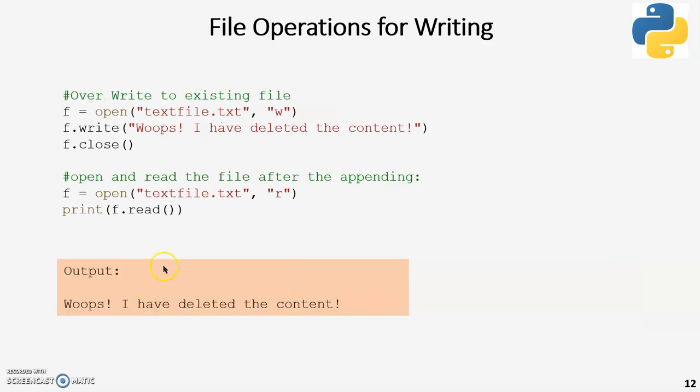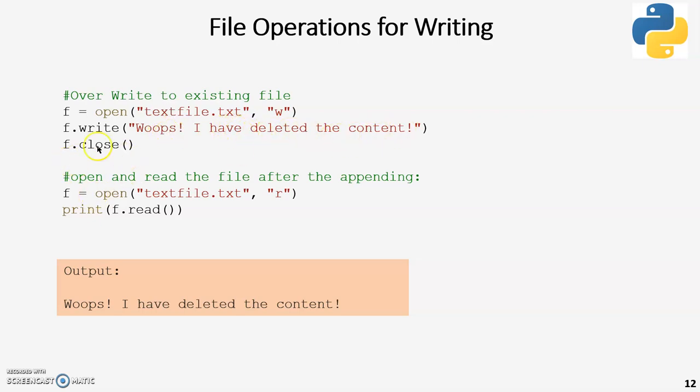Fine. Now let's say, what if I have to write with W? Previously we were opening the file in append mode, and now we are trying the write mode, where I will write something, and oops, I have deleted the contents.